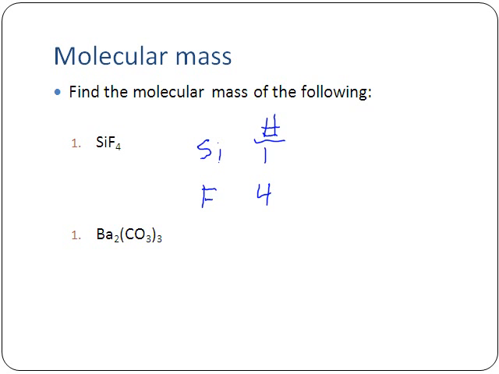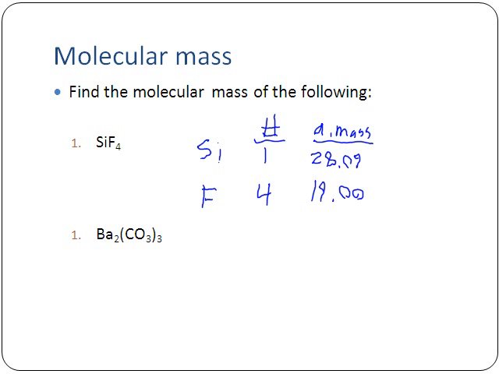The next thing to figure out is going to be the atomic mass. So we look at it for silicon. Silicon has an atomic mass of 28.09. And we do want to always round these to the hundredths place. Fluorine has a mass of 18.998, which rounds up to 19.00.